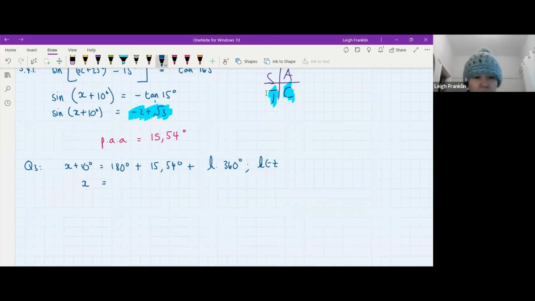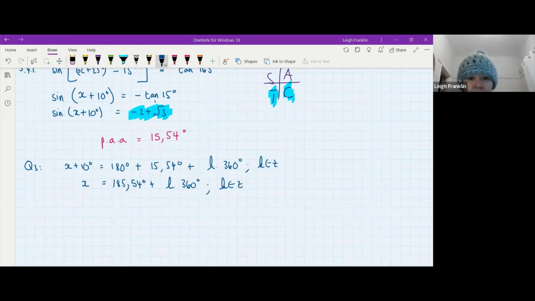I'm getting 185,54 plus k times 360, k an element of the integers.